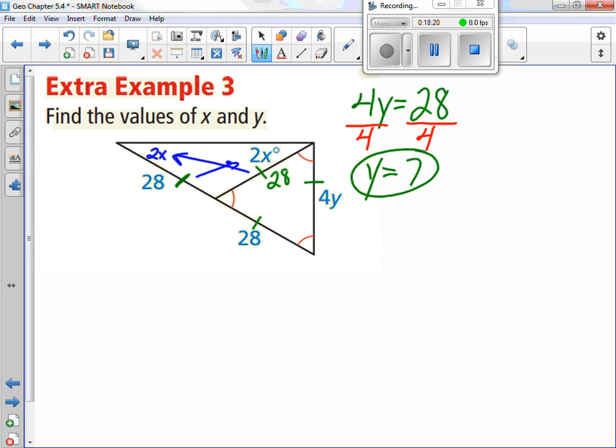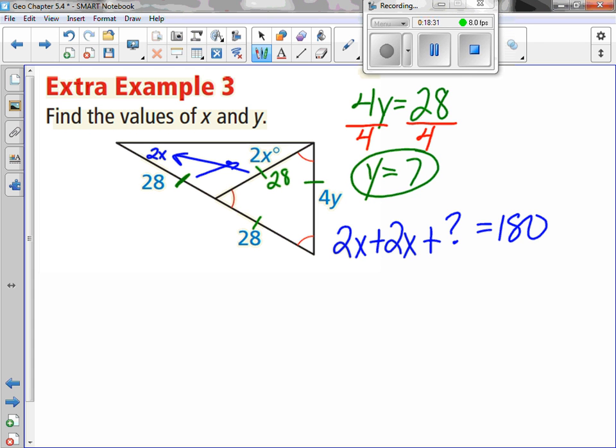Can we solve this yet? Because I know that 2x plus... I need that third angle, don't I? Just saying that those two angles are equal means nothing. What do I know about these three angles here, besides that they're all the same? They add up to be 180, yes?